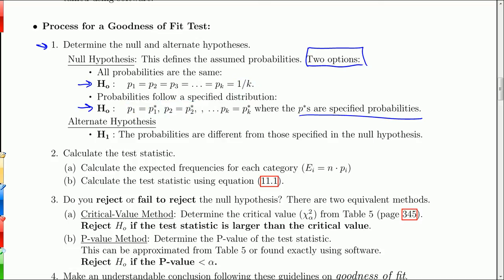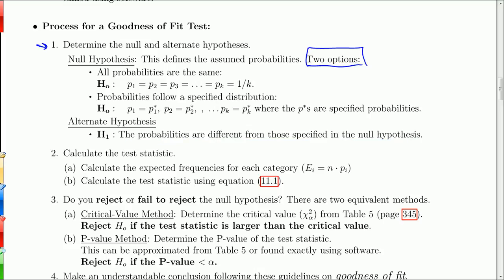And then your alternate hypothesis basically says not the null, right? The probabilities are different from those specified in the null hypothesis. They're basically saying this is not true, right? And so if you end up rejecting the null hypothesis, basically you're saying there is not a good fit. And if you don't reject the null hypothesis, you're saying it's a pretty good fit to what I expected. Okay.